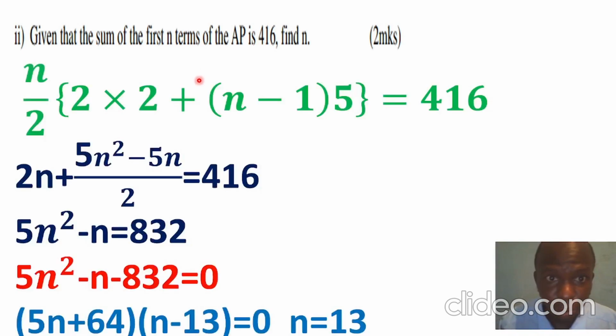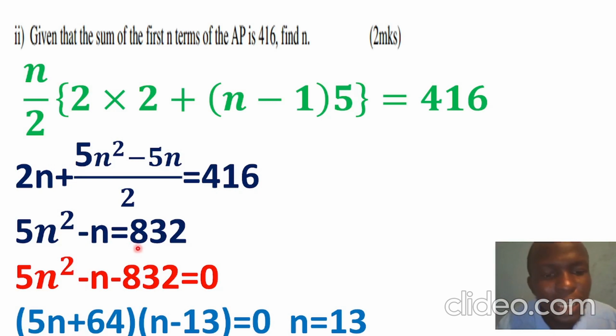It is very simple. We still use the substitution. n is not given. A is 2, and the common difference is 5, and that is that. When you do the manipulations, it boils down to a quadratic equation.